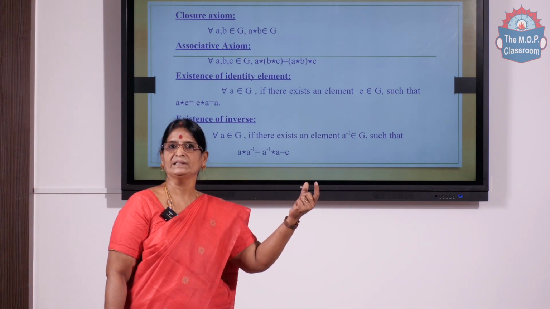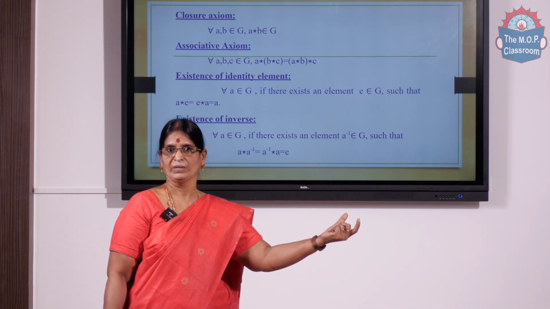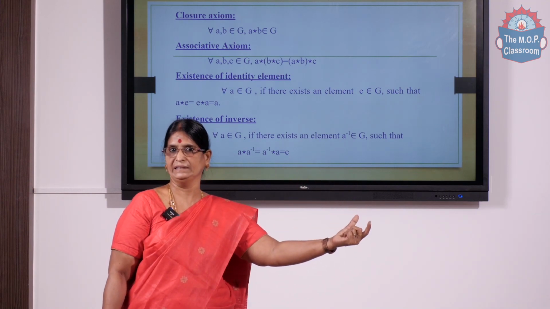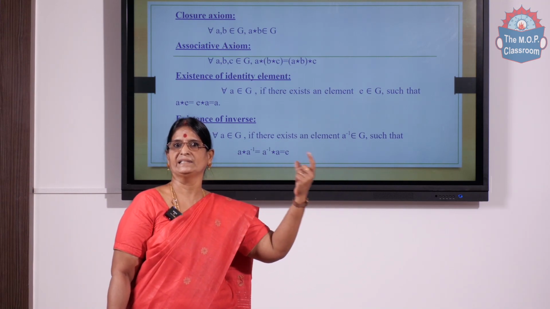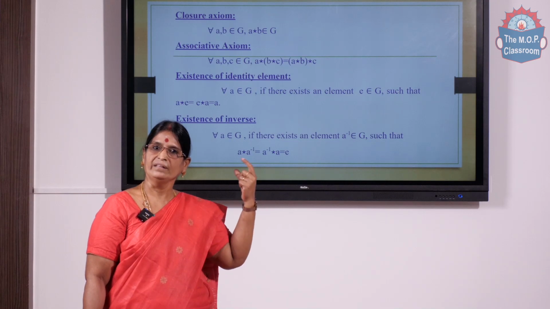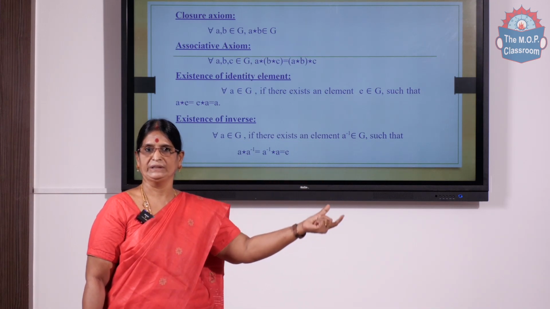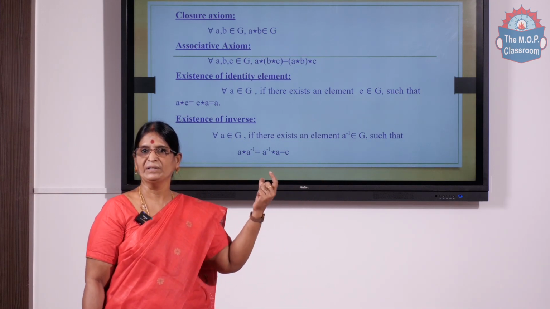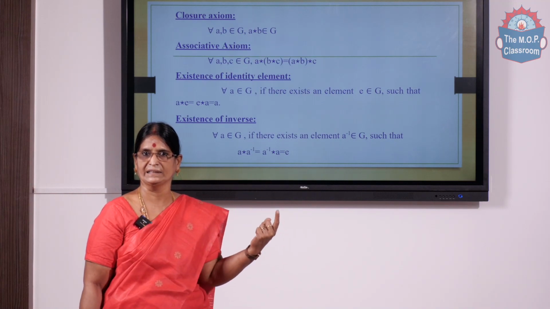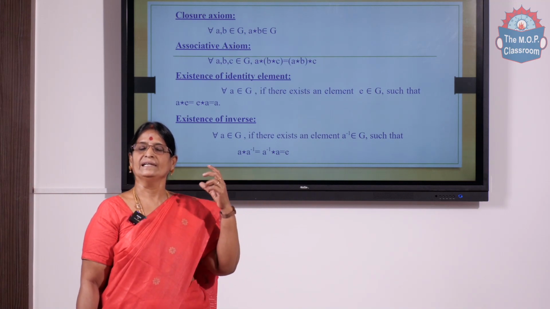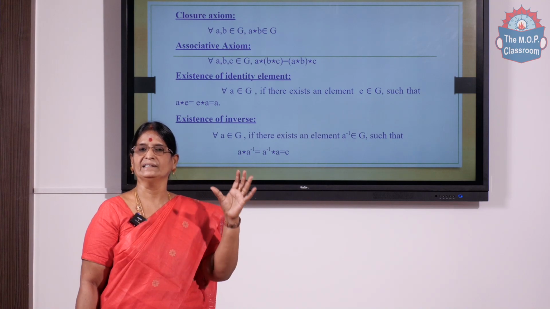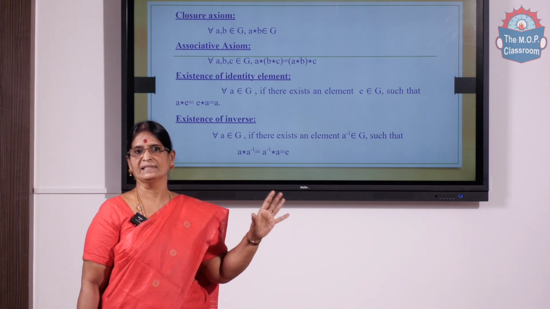Here, an element denotes uniqueness of the element e. So if there exists an element e satisfying the condition a star e is equal to e star a is equal to a, if I am able to find an element e along with this condition, we can say the identity element exists in G.